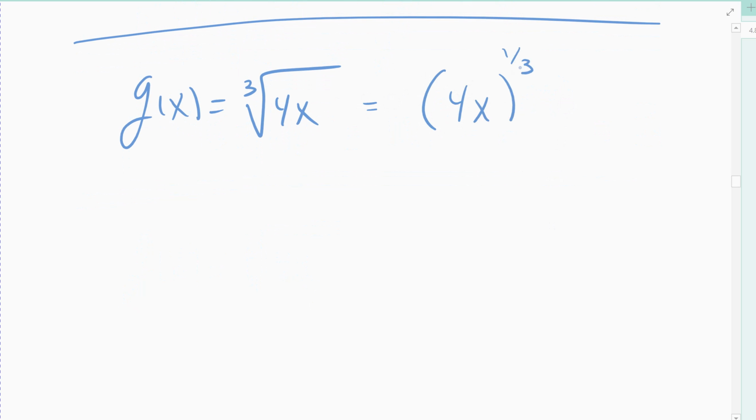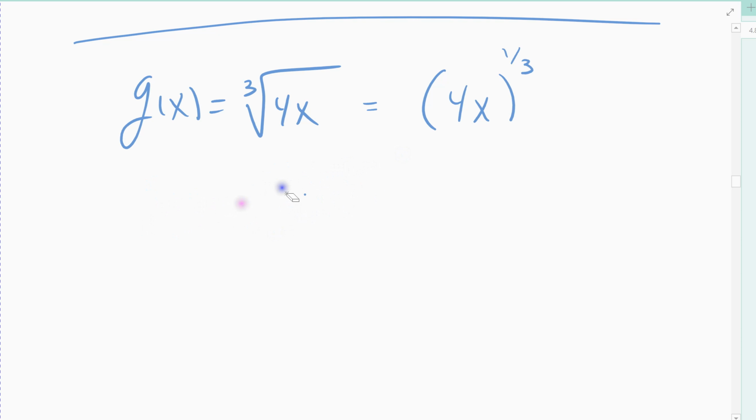It also makes it easier to simplify. The hard thing that students will do here is they'll simplify incorrectly. So remember, the 4 is under the root, and so is the x. So that's why I put parentheses around. If you wanted to rewrite this, you could rewrite it as 4 to the 1/3 power times x to the 1/3 power. But again, I think it's easier in the first form I have there, but that's how it would simplify.